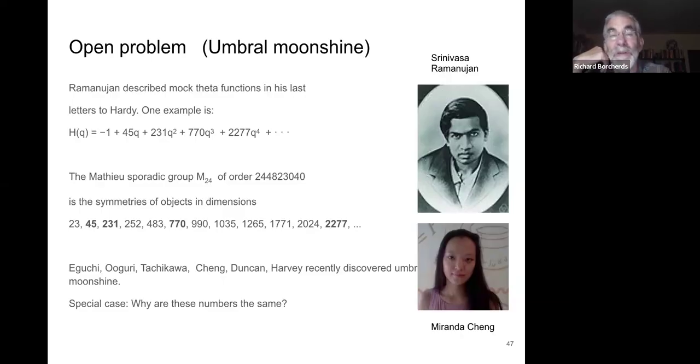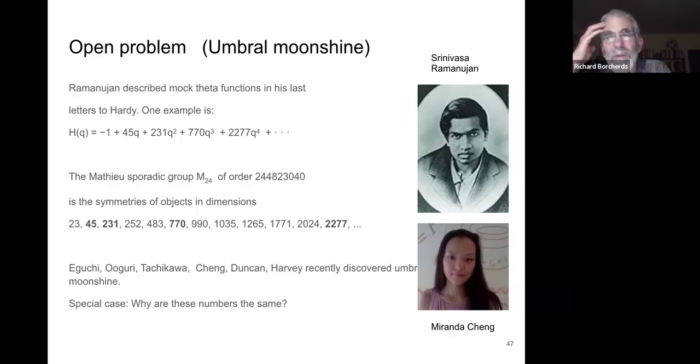And people noticed that the Mathieu sporadic group of order about 250 million lives in various dimensions. People noticed that these dimensions also appeared as coefficients of this mock theta function. And people have been looking at this, and there's a lot of numerical evidence that these things are connected.